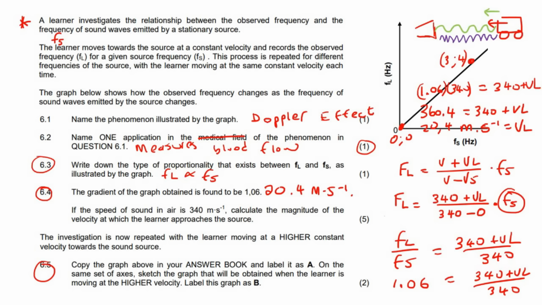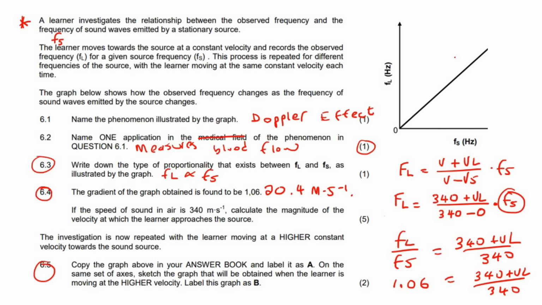On the same set of axes, sketch the graph that will be obtained when the learner is moving at a higher velocity. Okay, very easy. I'll show you what to do. So they asked us to label this as A. Now, remember that the gradient was fL over fS, and they said that that was 1.06.